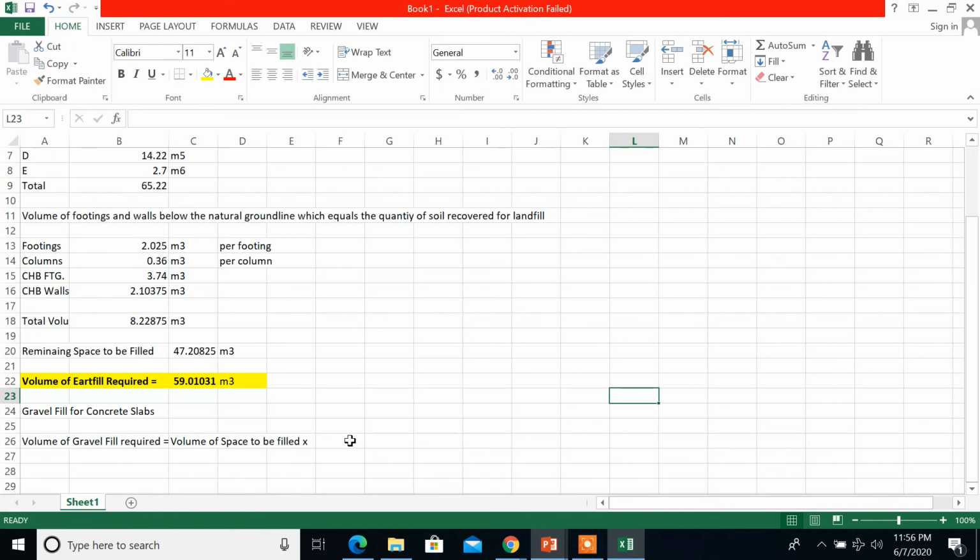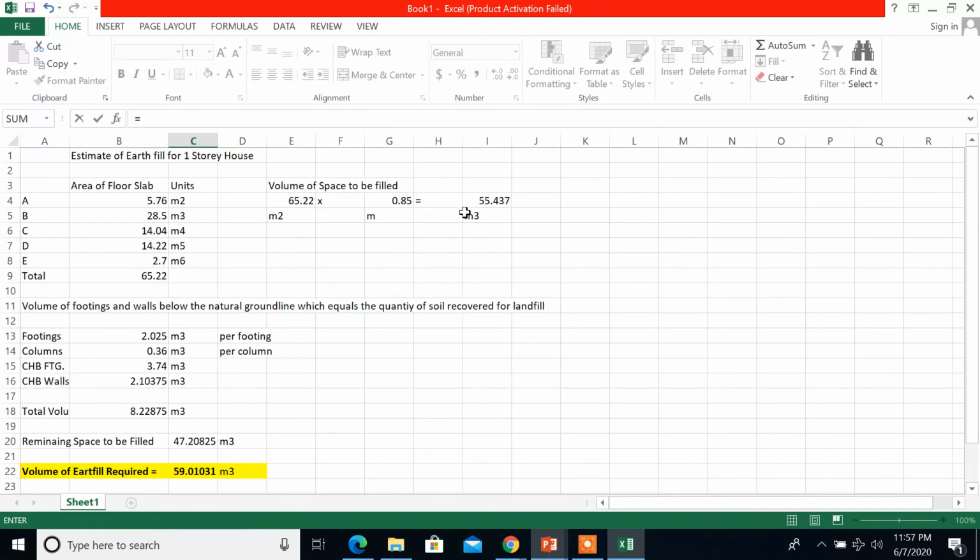Usually kasi ang ginagamit natin is equivalent to 100 mm. So times natin to 100 mm thickness.